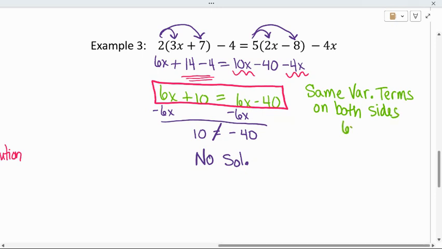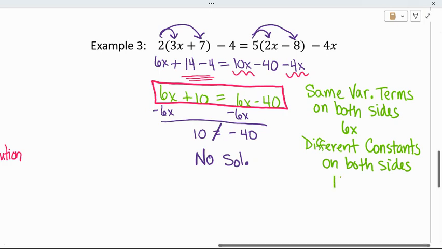And that's the 6x. But what you also should notice is that I have different constants. Remember, constants are just numbers. And the different constants are the positive 10 and the negative 40.